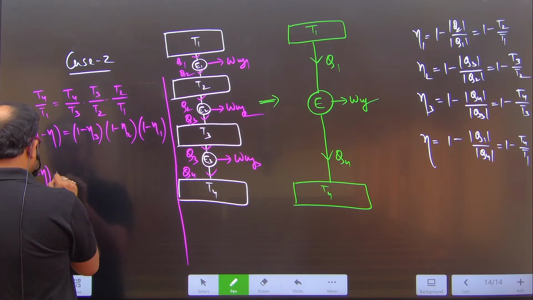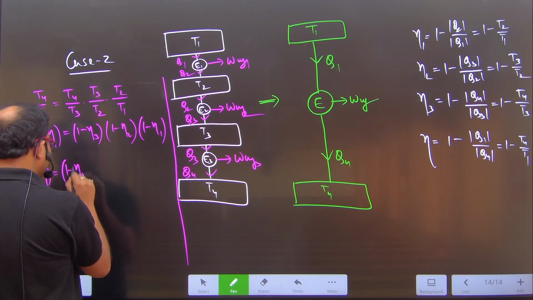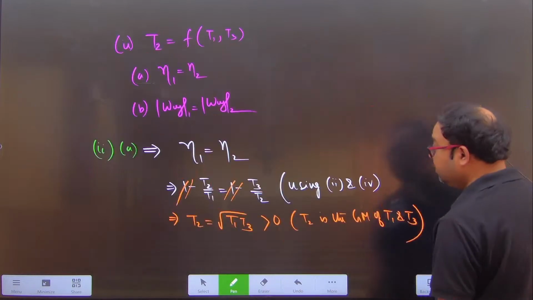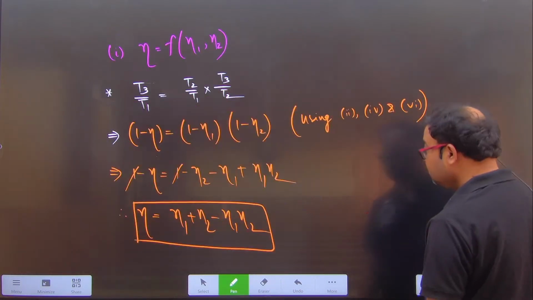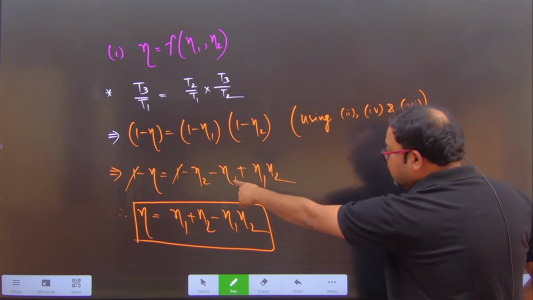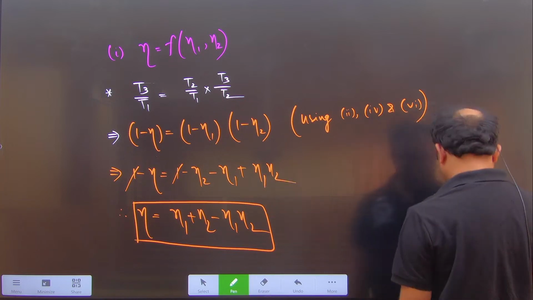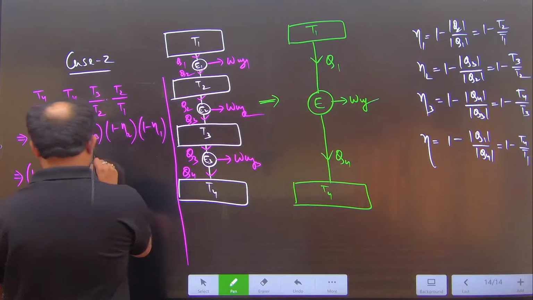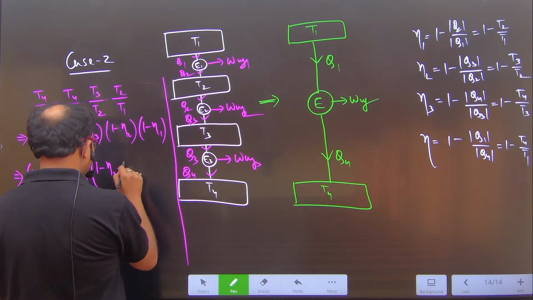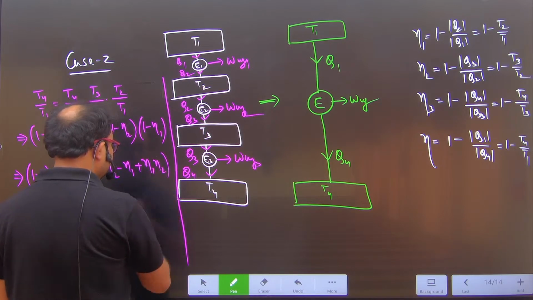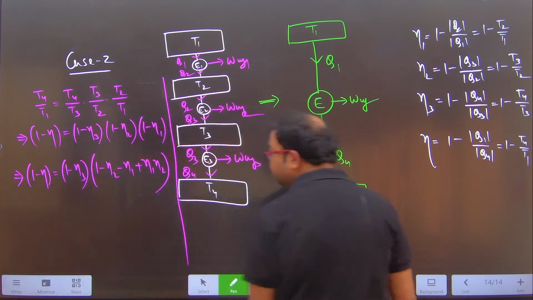1 minus eta is equal to 1 minus eta 3 multiplied by, we already know this product, 1 minus eta 1 multiplied by 1 minus eta 2. It's 1 minus eta 2 minus eta 1 plus eta 1 eta 2. So I've already got this.